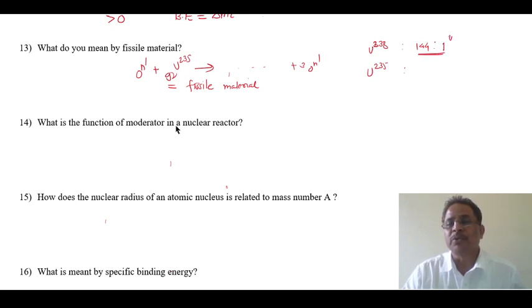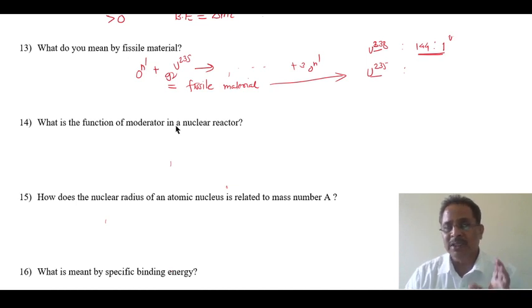So this proportion tells you that in natural uranium, most of it, more than 99 percent, is uranium 238, which is not useful for this type of reaction, so it is non-fissionable, whereas uranium 235 is fissionable, which is found in very small proportion as compared to uranium 238. So this is a fissile material or fissionable material.